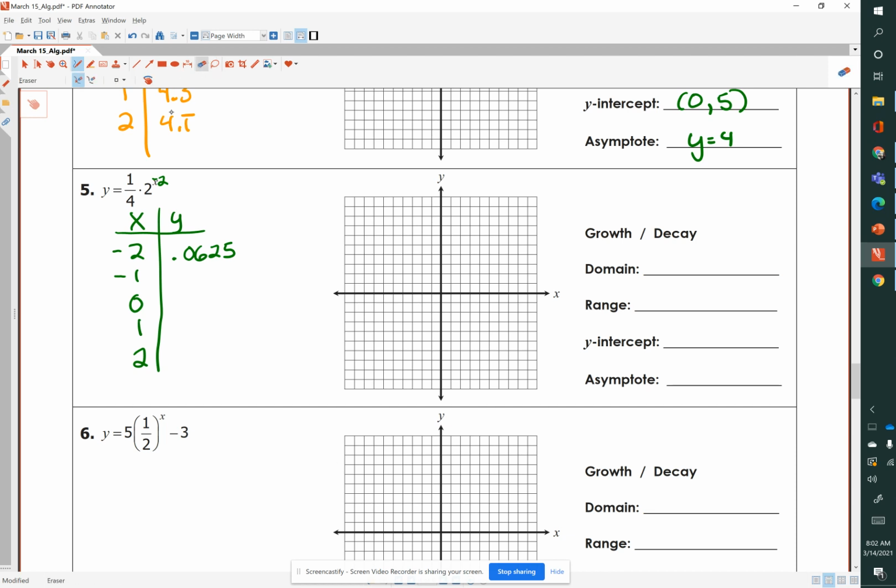When I evaluate this function for -1, the function is worth 0.125. When I evaluate this function for 0, the value of the function is 1/4. And since we're using decimals, we'll put 0.25.